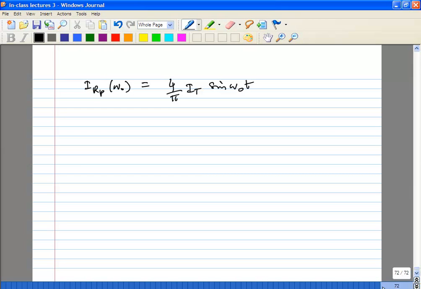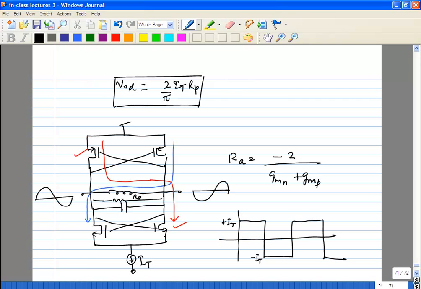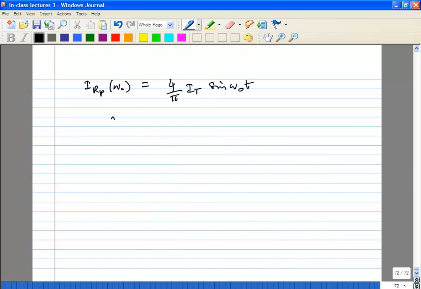Now, remember we worked this out for the mixer, right? The fundamental of this is actually 4 over pi, it is sine omega naught t. So the output amplitude is 4 over pi IT RP.